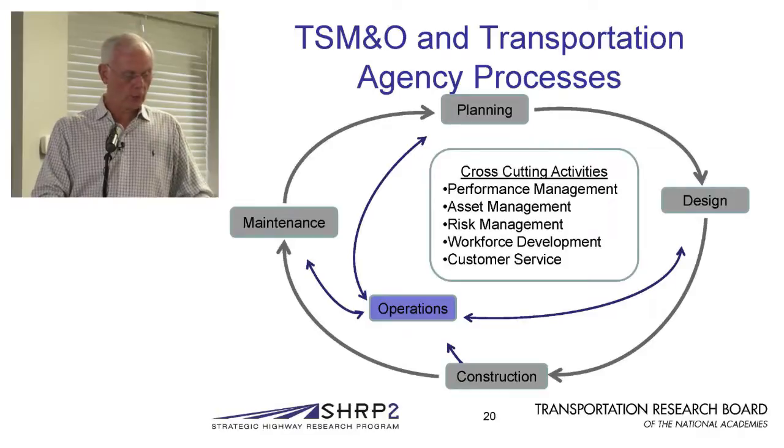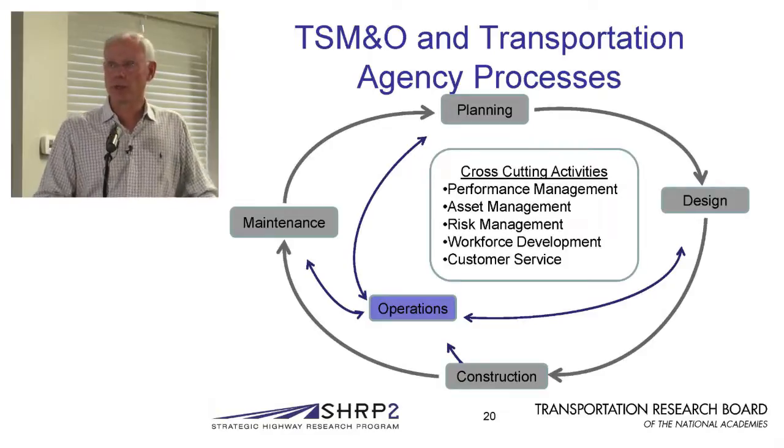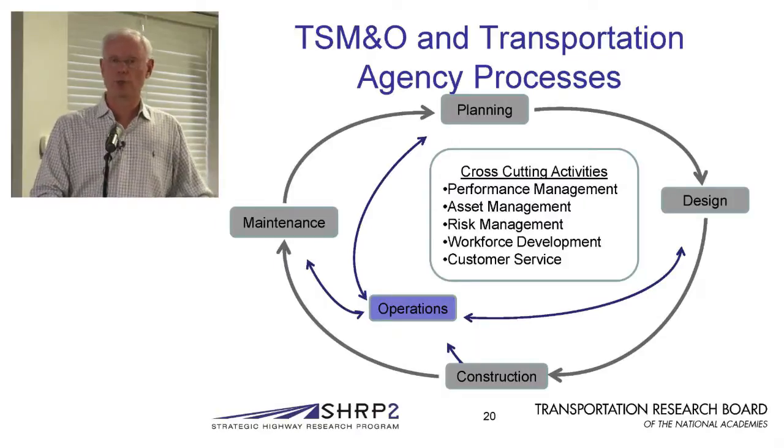We will be talking more about workforce development in a few slides, and towards the end of the presentation we'll spend some time talking about customer service and customer service orientation within the department, which is critical not only to TSM&O but throughout the department.